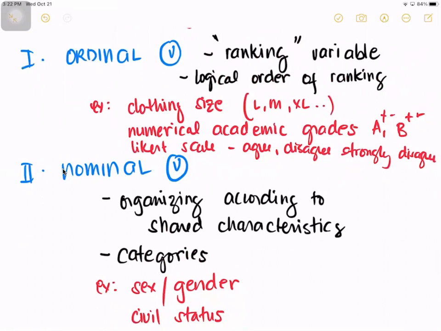Let's say, for example, if you're going to rank the top 5 reasons why Filipinos still get out of their homes amidst the quarantine policies, and then you arrange the responses according to the number or the frequency of answers, and then the option with the most answers will be ranked as first, and then followed by the next highest number of responses, and so on and so forth.